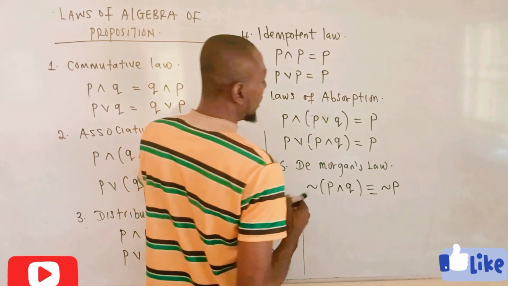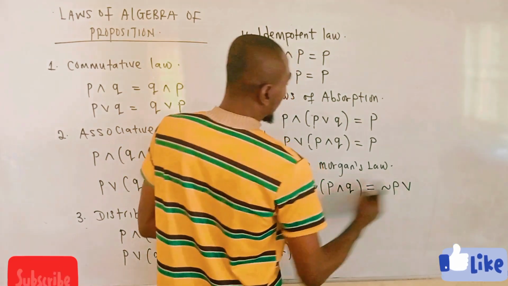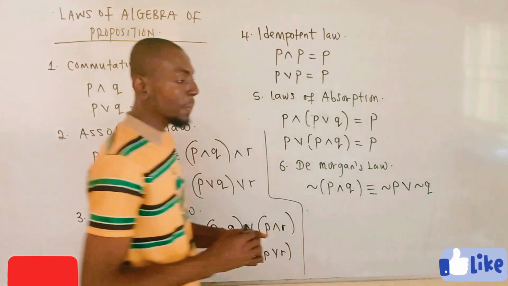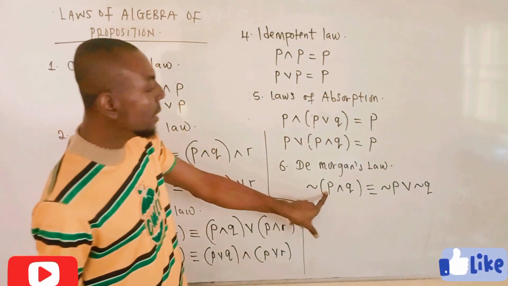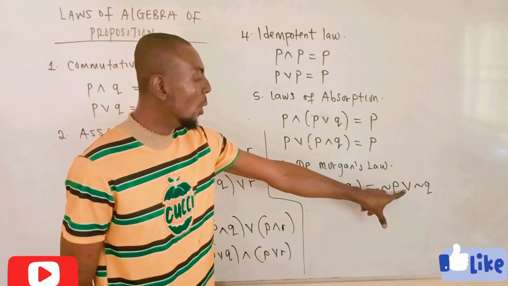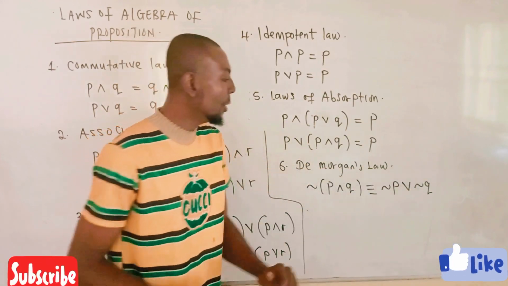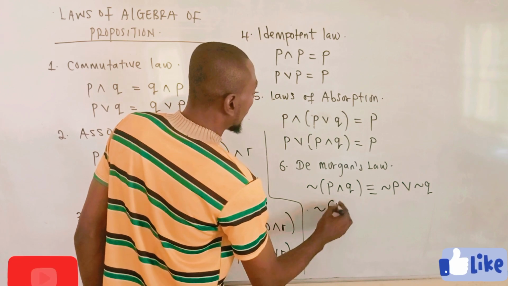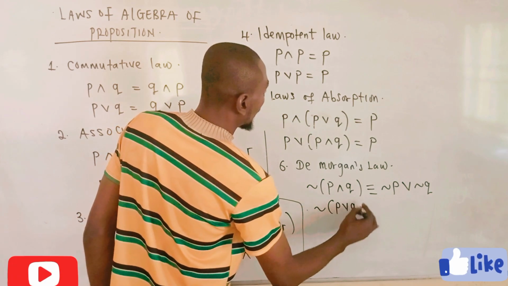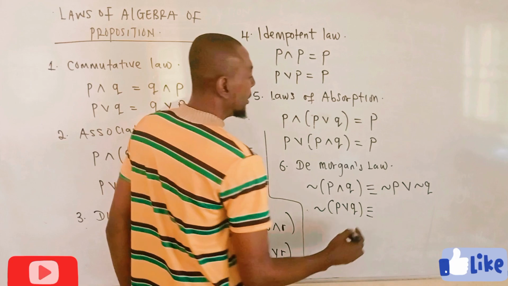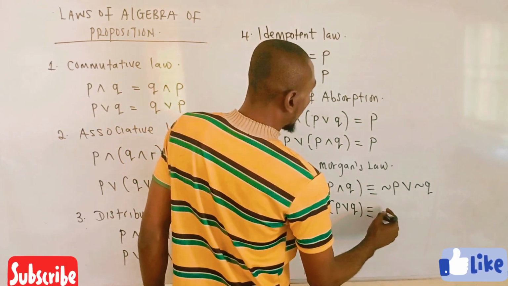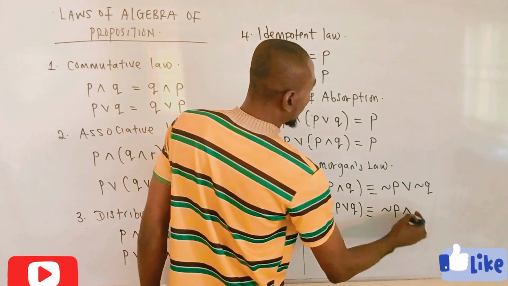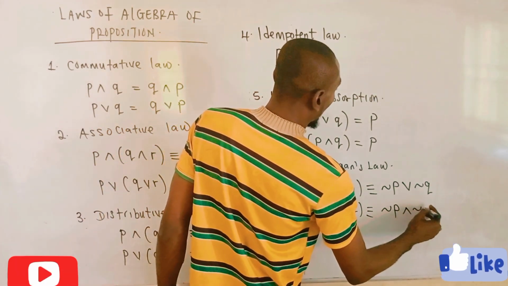So negation of P, and changes to or, then negation of Q. I have the negation of (P or Q) also is equivalent to the negation of P, the or changes back to and, the negation of Q.